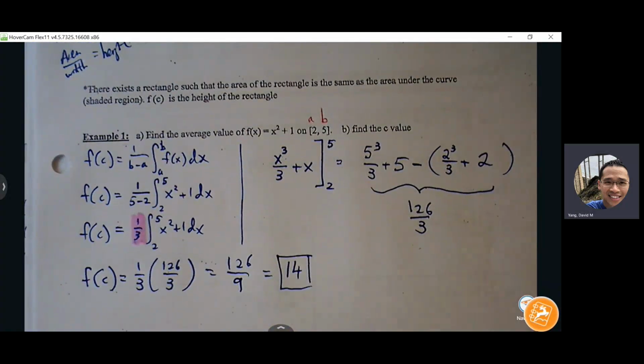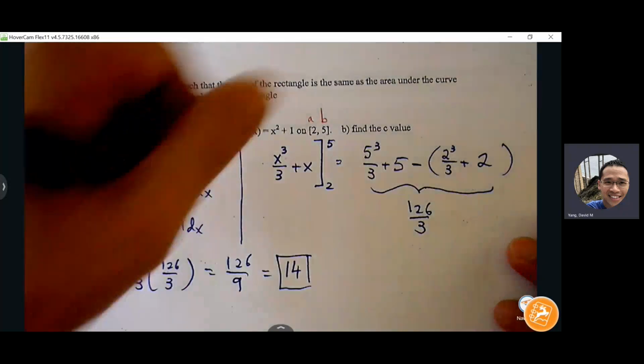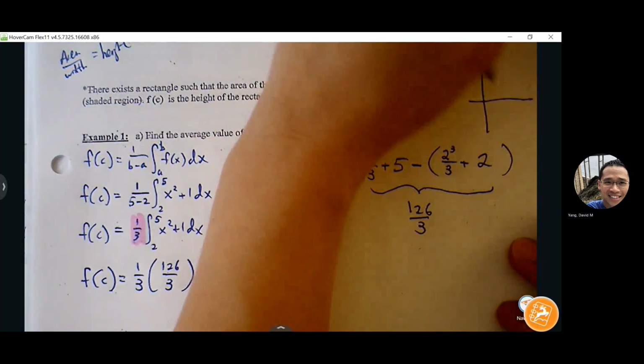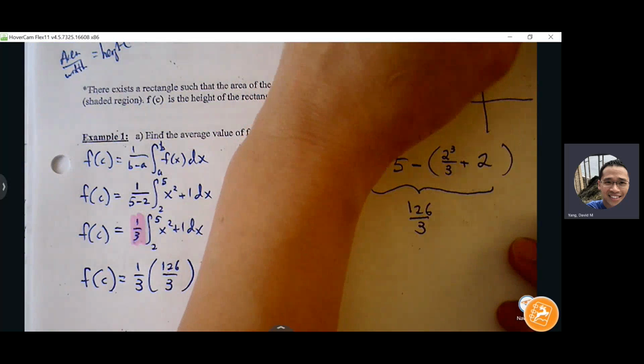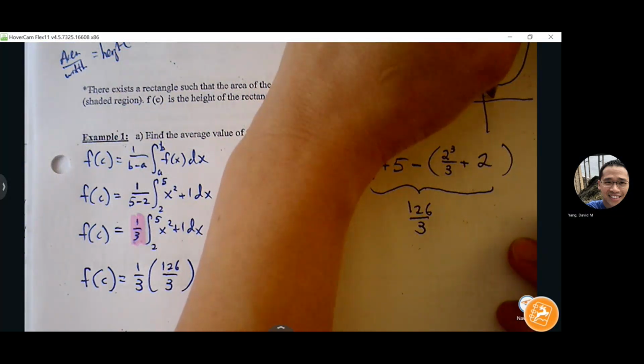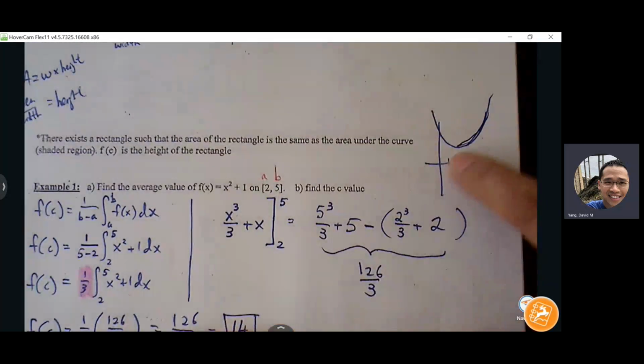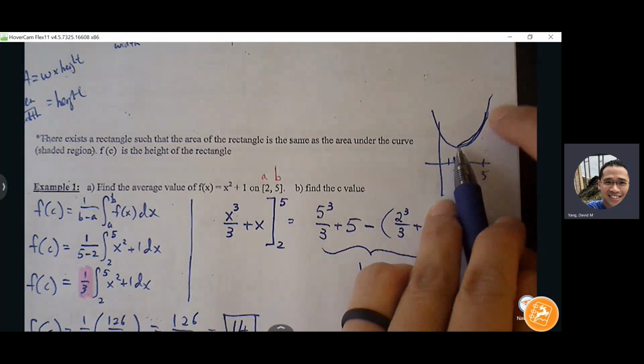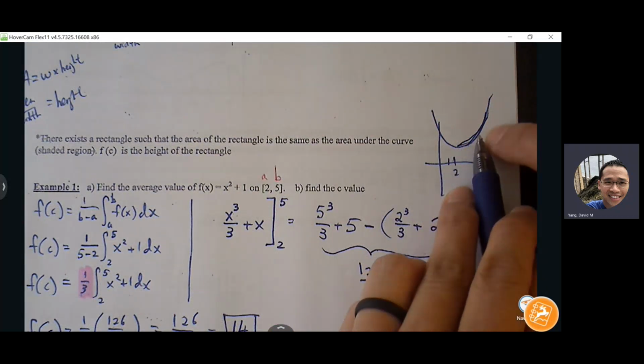So the average height along this x squared plus 1, 2 to 5, okay, is 14. So if I were to look at all the heights here, the average height is going to be 14.